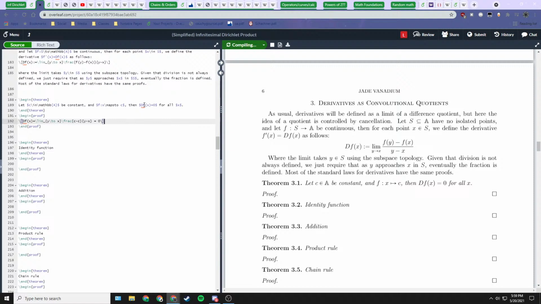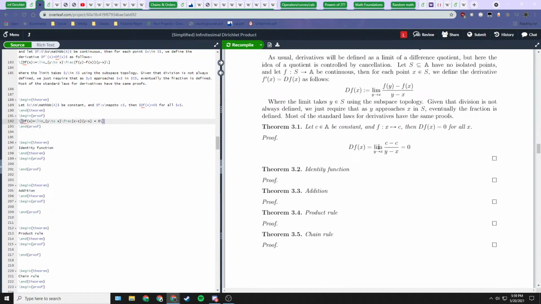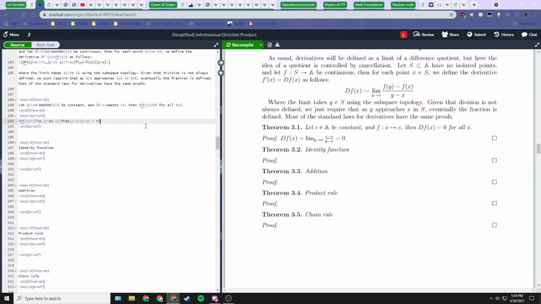So that's trivial. If f is constant, then the numerator is always 0. And we can make this visually much shorter than it is by putting it out like that. Super simple, so that's just a one-line proof. The identity function is not too much different.